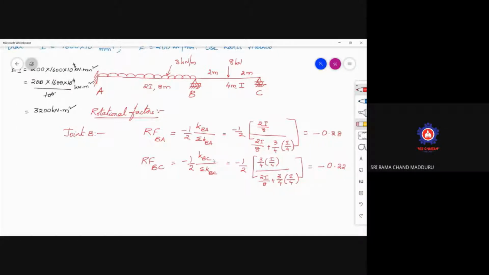So joint B is the one where we need to calculate the rotation factors. So the rotation factors are calculated.